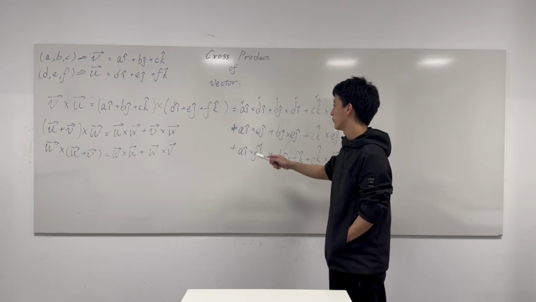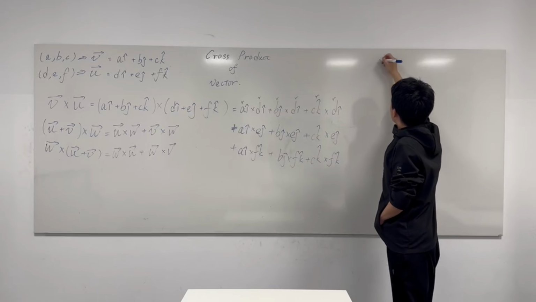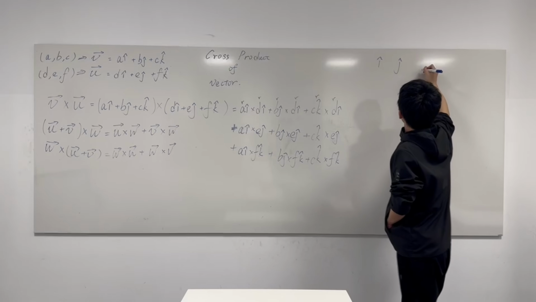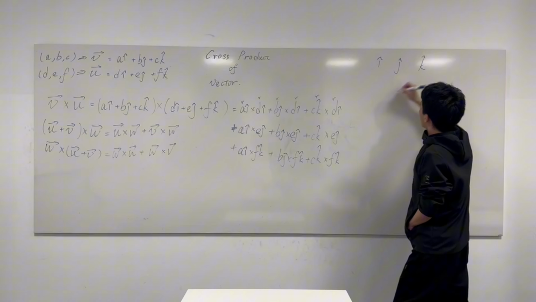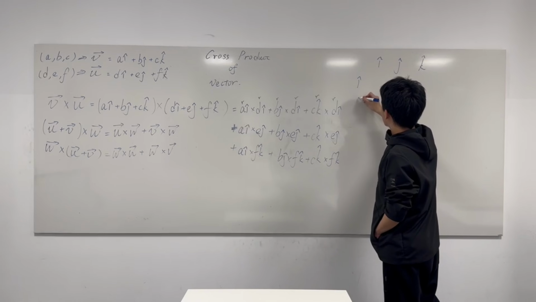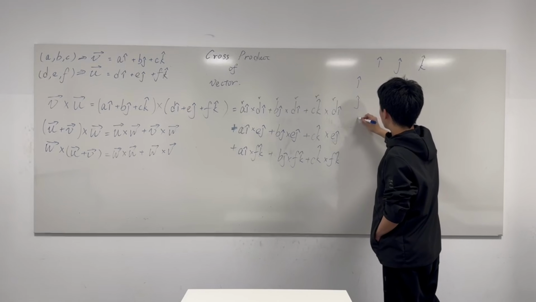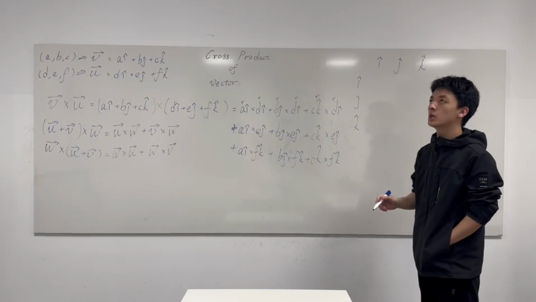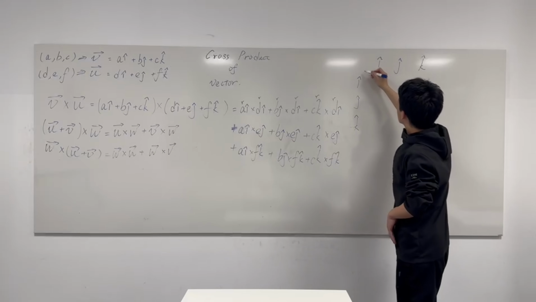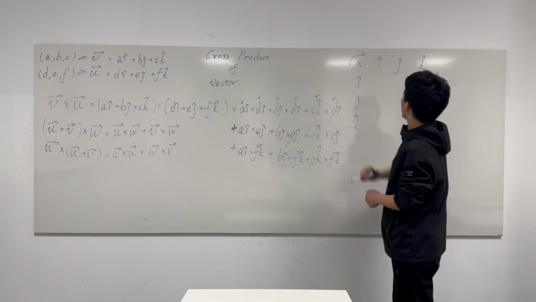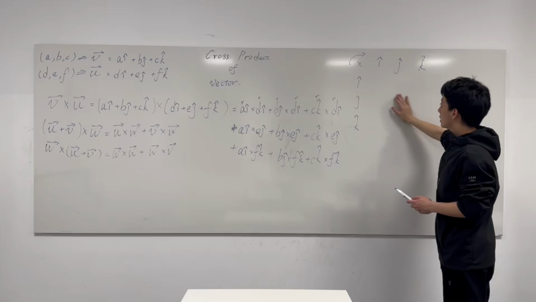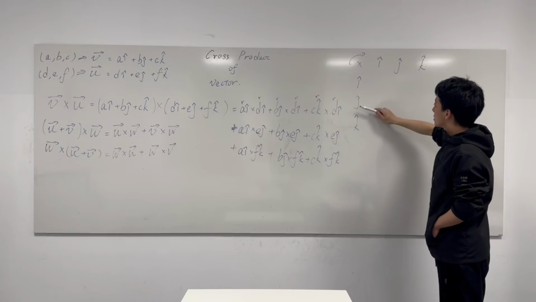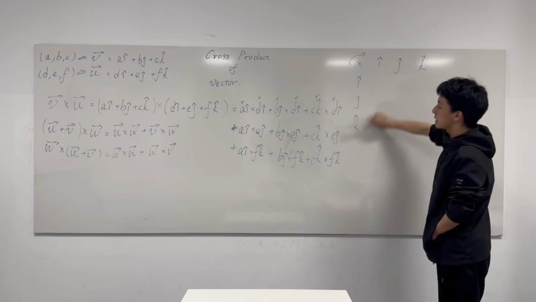So right now we only have to focus on how the cross product works between different unit vectors. Remember, here is a chart. The arrow means the thing here cross product the thing here: first, second.